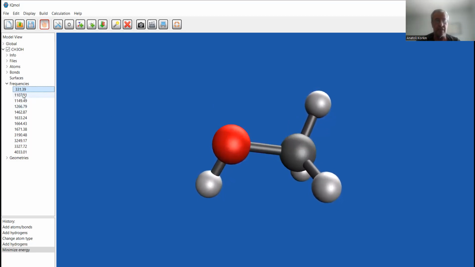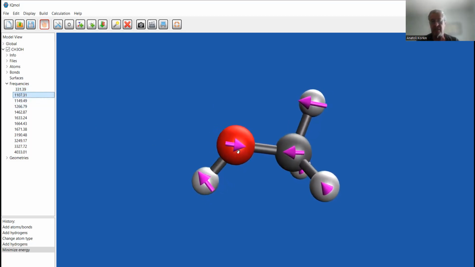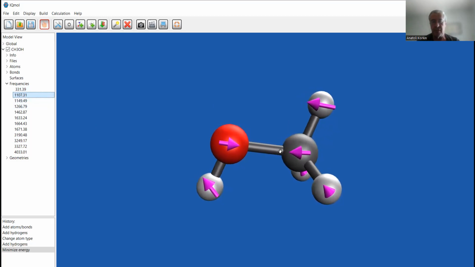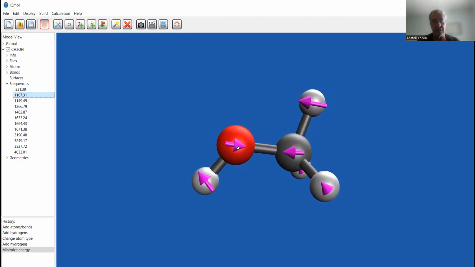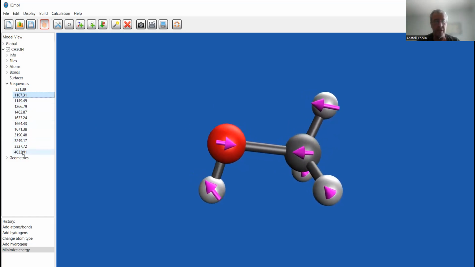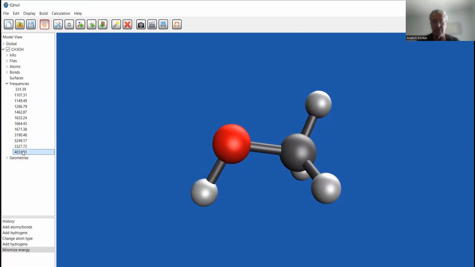The next one, you can see that's a stretching, the CO bond. The previous one was torsional. Now let's go back to the strongest bond. The strongest bond and the highest frequency corresponds to the OH vibration. And then the next ones are CH.